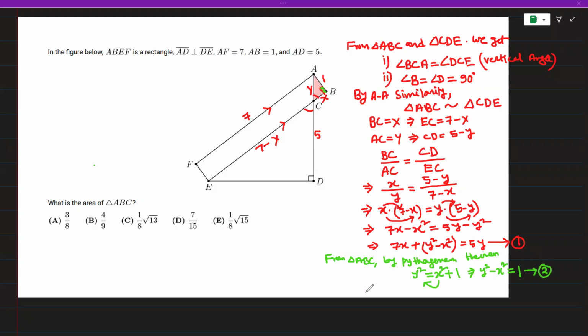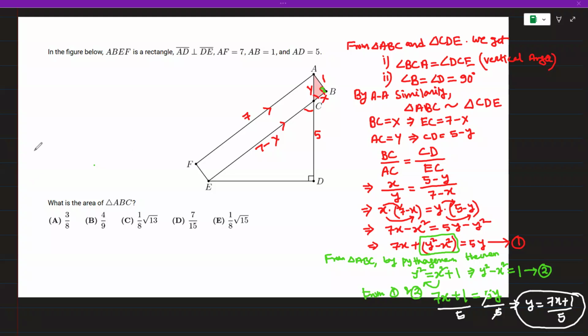So from equations 1 and 2, instead of y squared minus x squared, if you write 1, we get 7x plus 1 equals 5y. Now if you divide both sides by 5, this 5 cancels, and we get y equals 7x plus 1 over 5.